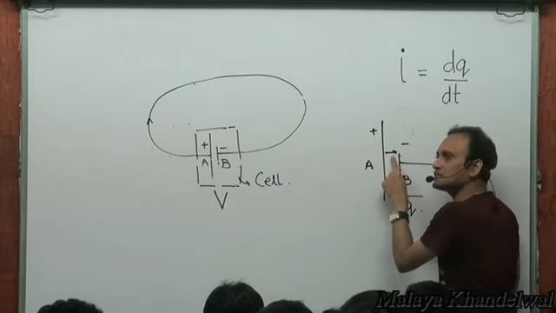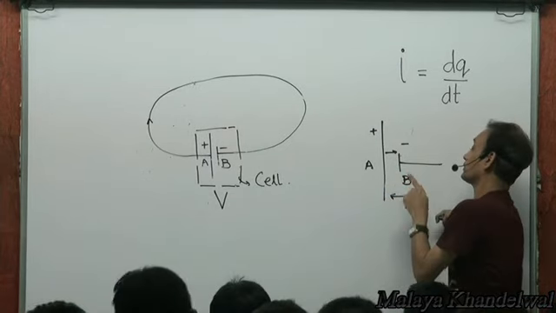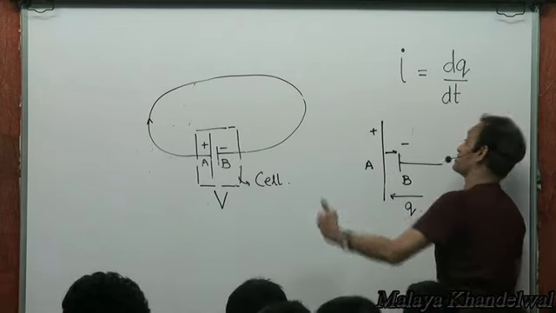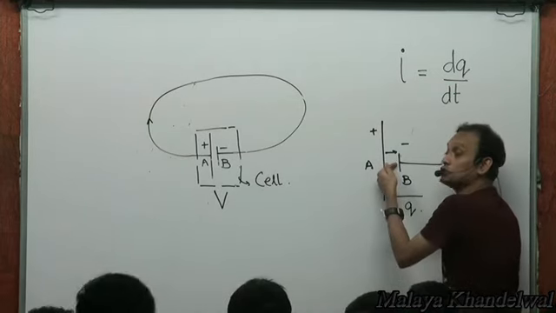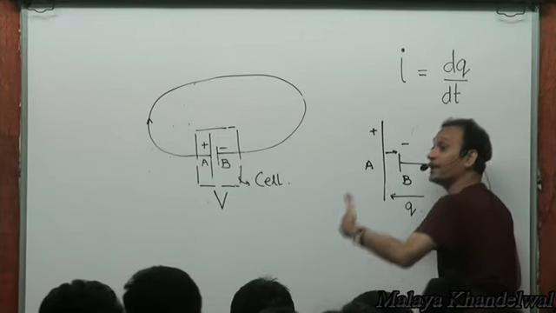Very clearly, when the charge has to be transported from B to A, it would have to be energized, because it would have to move from a region of lower potential to a region of higher potential.